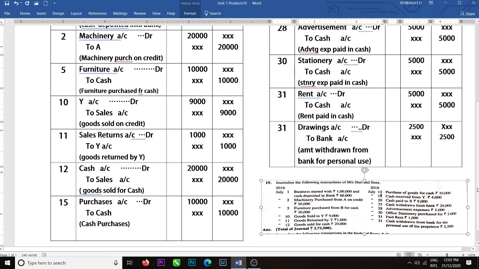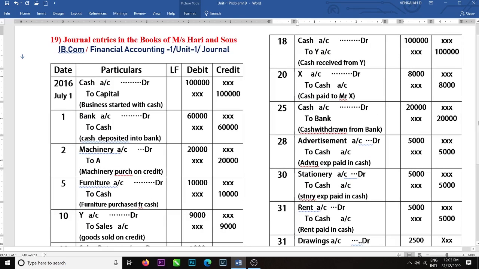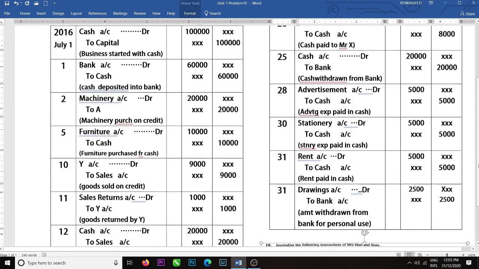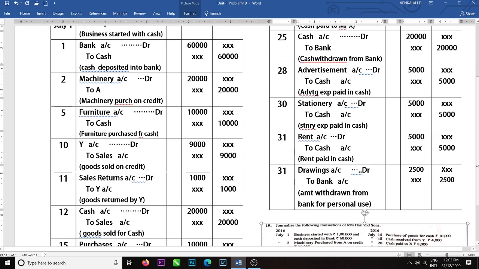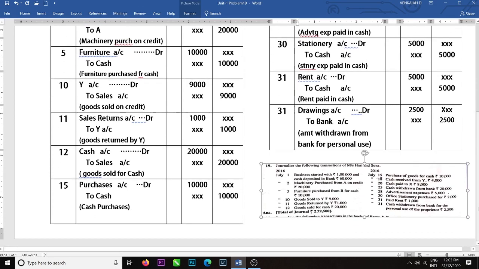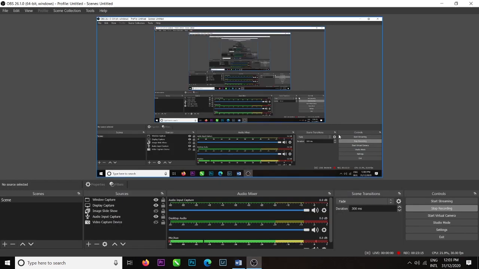Okay, students. Hope it is very clearly and neatly available in MS Word, and you can understand it very well. Whenever you have a problem understanding why it is debited or credited, remember the rules. Whenever the rules get confusing, try to understand the type of account. How many types of accounts are there? Three: personal, real, nominal.